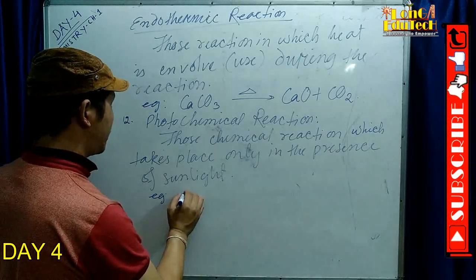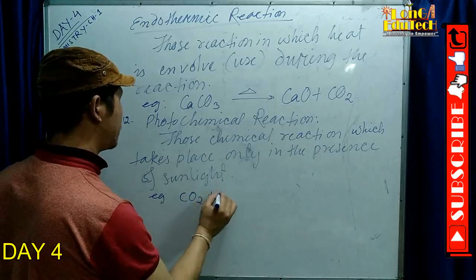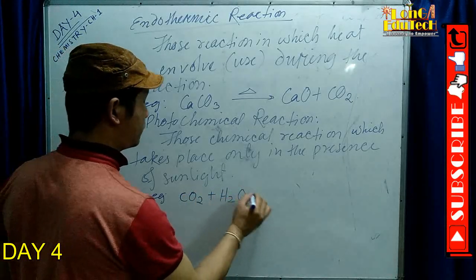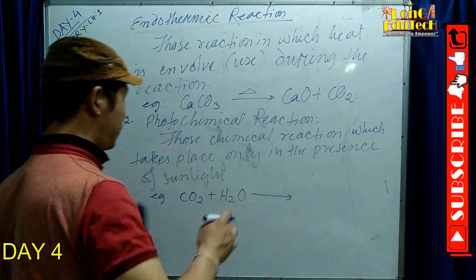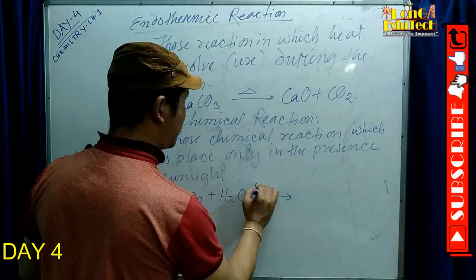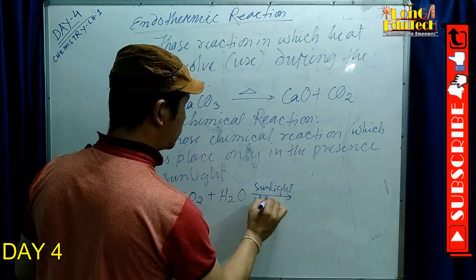For example, very common, say carbon dioxide plus water. What do you think? What reaction will it be? This is the photosynthesis reaction. You see the sunlight, this is chlorophyll.